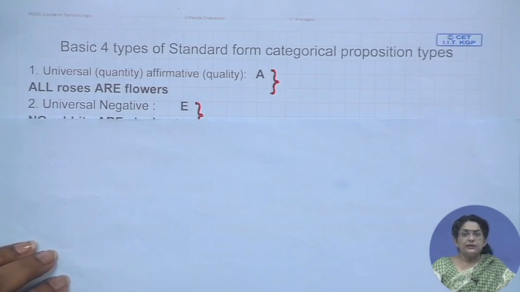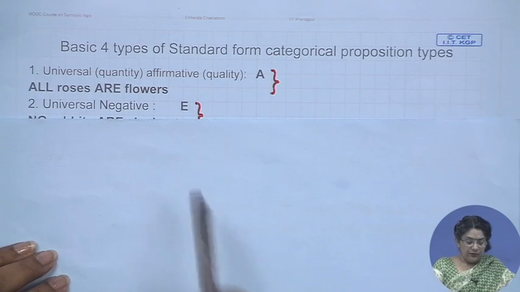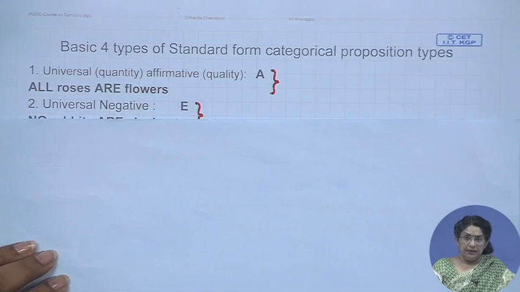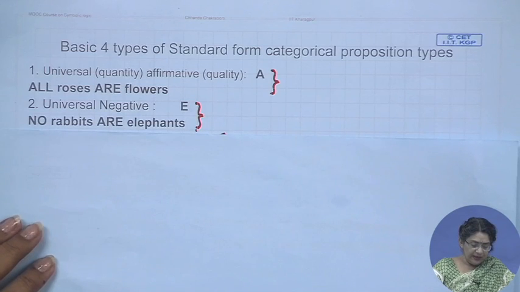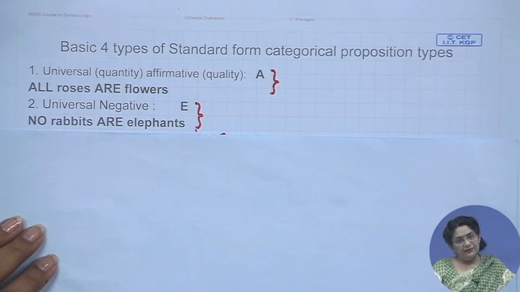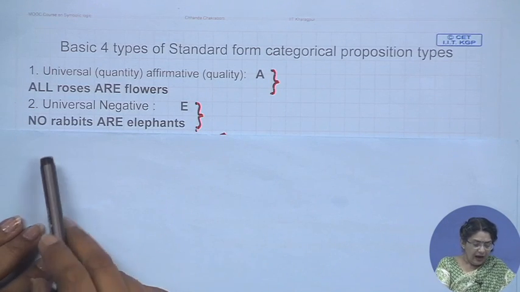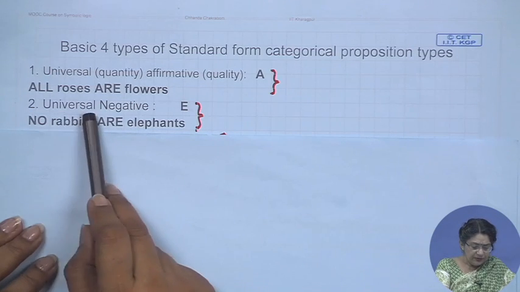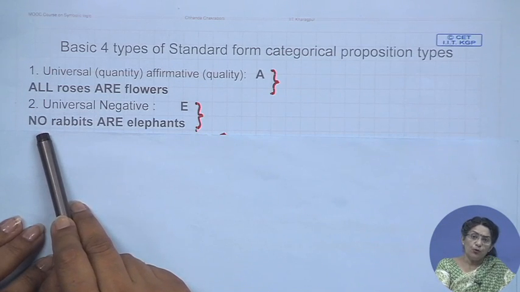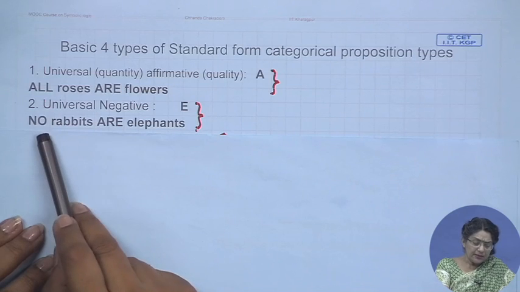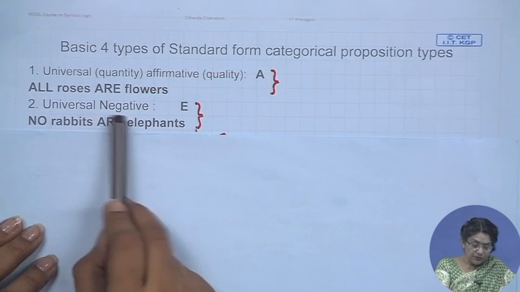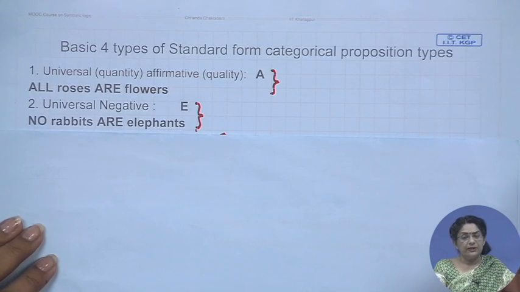Next is universal negative, which we are going to call E, the E propositions. And examples, you can think of your own. It is better to have in fact your own examples at this point, but let me give you my example. No rabbits are elephants. Fine. How did this happen? Well, universal is captured in no. Why is it not all? Because you want to deny it in the predicate class.